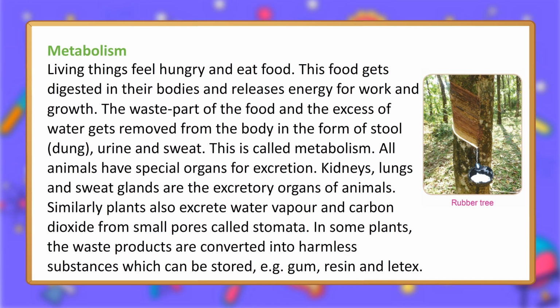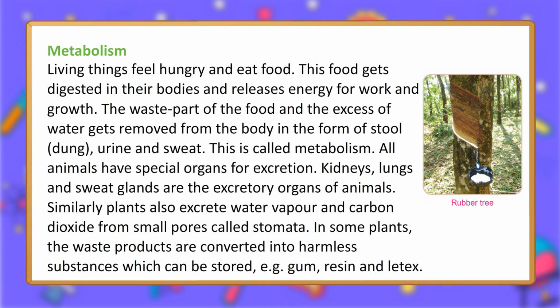Metabolism. Living things feel hungry and eat food. This food gets digested in their bodies and releases energy for work and growth. The waste part of the food and the excess of water gets removed from the body in the form of stool, dung, urine and sweat. This is called metabolism. All animals have special organs for excretion.